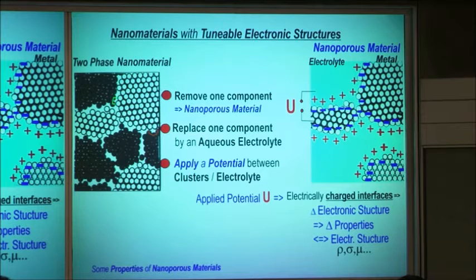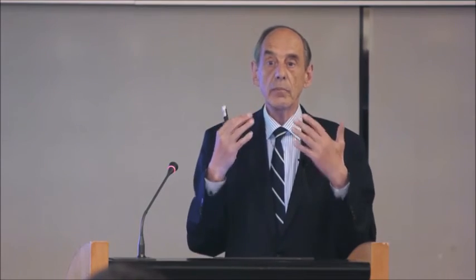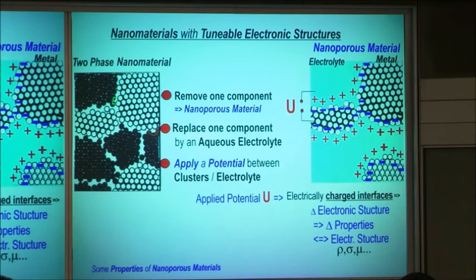And now, as 50% are interface atoms, that means about 1/4 of the valence electrons are pulled out of the material. So you shift your element about 1/4 to the left or to the right in the periodic table. And that, of course, should then change the properties dramatically, the magnetic properties, electric properties, density, and so on. And I'll show you in a minute how much that can change the things.